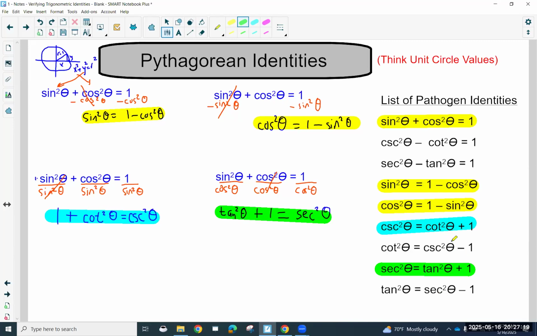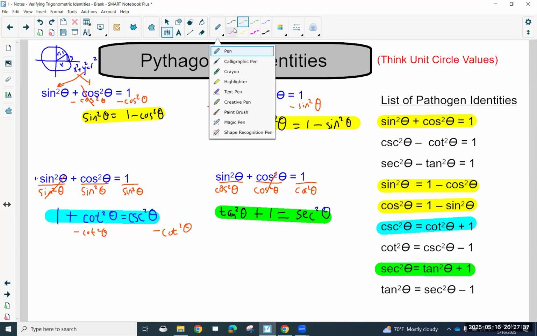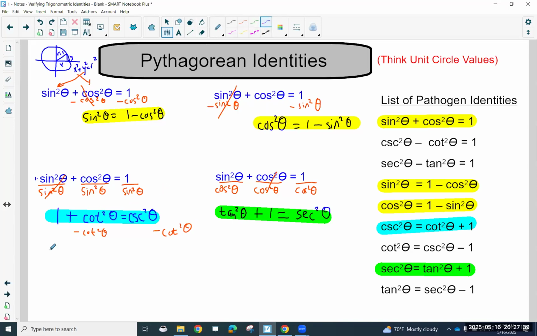So the question is, how do I get to the next two? Well, pretty easily. It's kind of cool. If I were to subtract cotangent squared theta from here, you can see that this would cancel.